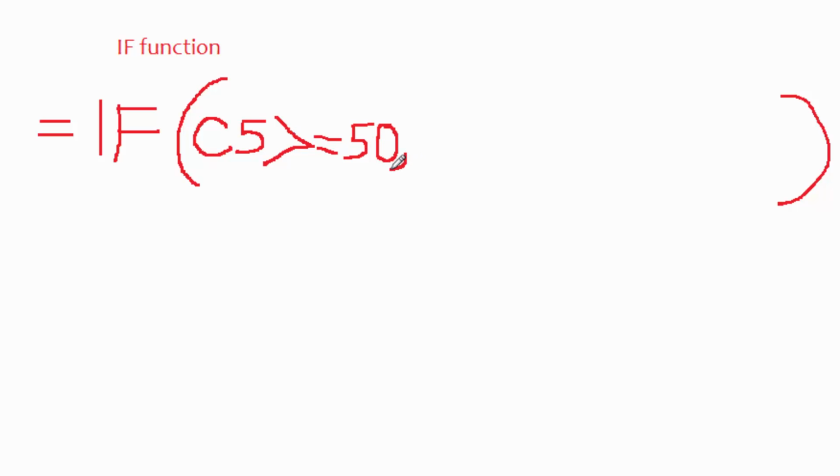Then you put a comma, then you move to the second part of the if function. Here you put a value if this condition is true. So in our case, if that logical test is true, we want a pass to be inserted inside the cell where this formula is typed.